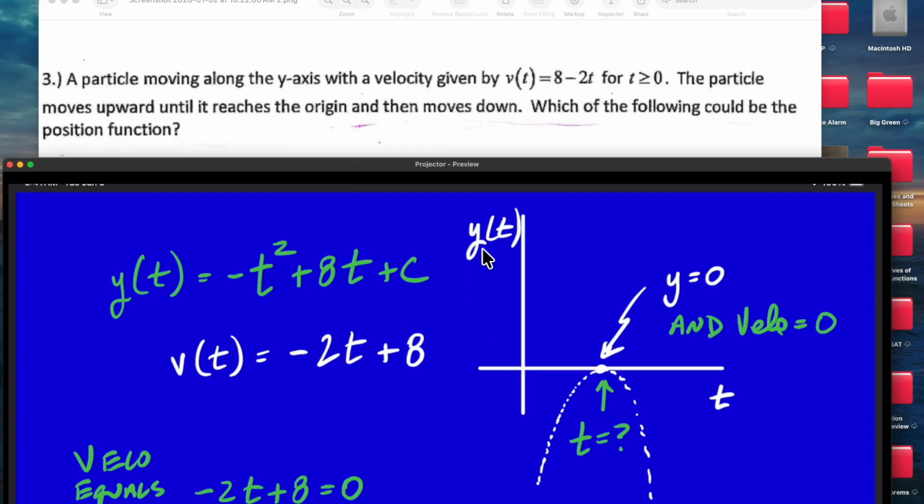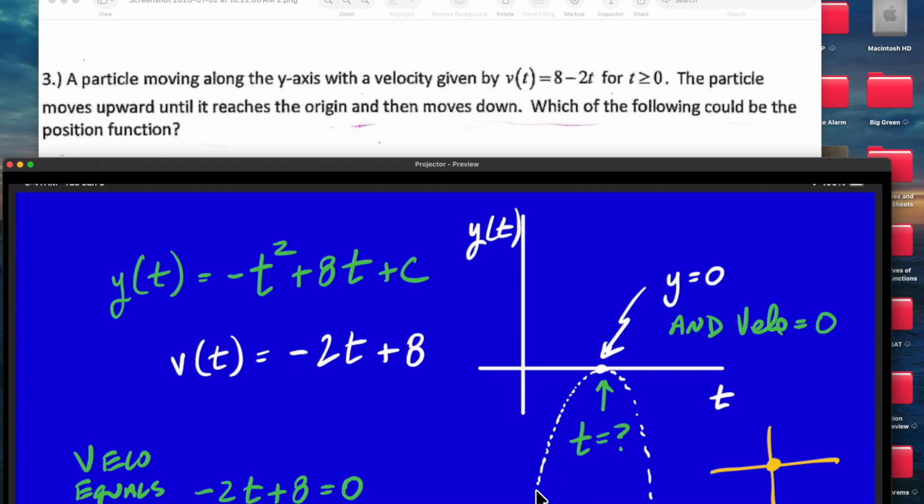This is a graph of the y position with time. When we think of the origin, we're thinking of the xy graph where y equals 0 and x equals 0. So when they say reaches the origin, that tells us that the y value is 0, but we don't know what position along the horizontal axis this represents. We don't know what time that is.